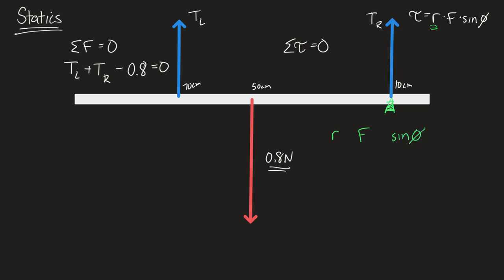Based on where my fulcrum is, there are two separate torques. There will be a torque for each force that's not at the fulcrum. So I'll have a torque from the meter stick and a torque from TL.